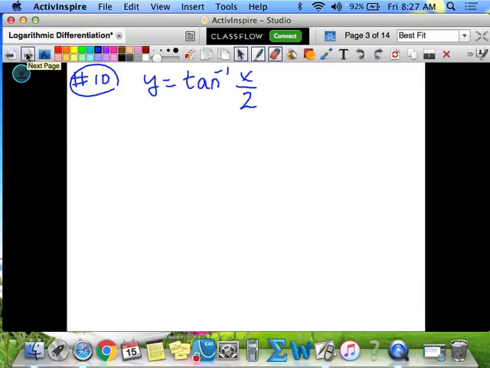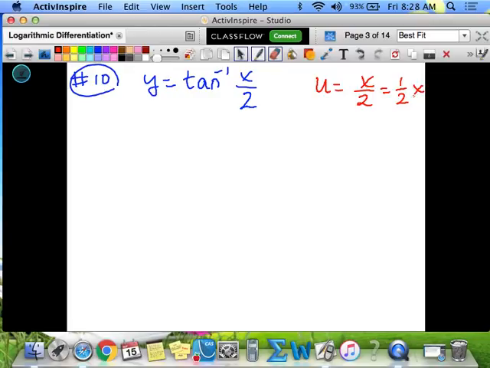Alright, so for our inverse trig functions, remember, come over here on the side and figure out what u, u prime, and u squared are. So what is u? X over 2. It might be helpful to think of that as 1/2 x when we're taking the derivative.